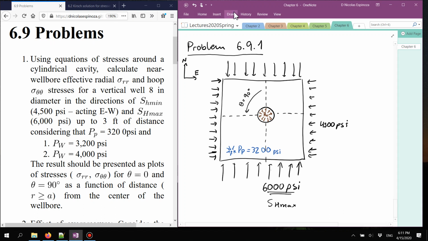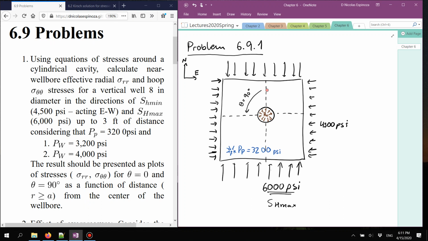So the problem then asks to calculate sigma theta theta and sigma RR in these two cases. And this is going to start at the wall of the wellbore, when R is equal to A, and for a given distance.